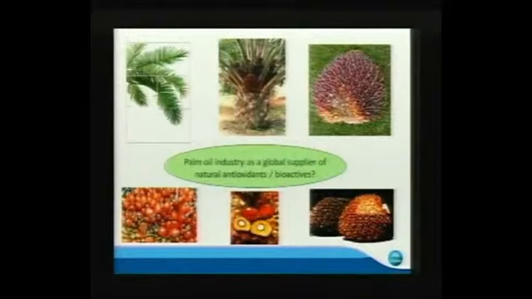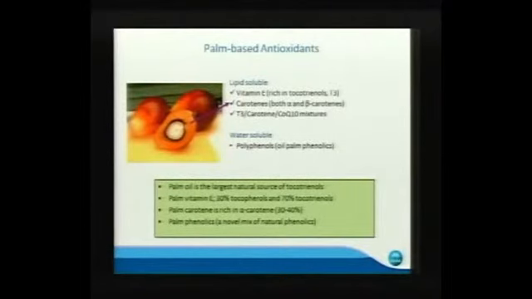So as you have heard the last 2 days, the palm oil industry is a global supplier of natural antioxidants and bioactives. The established ones in the current marketplace from palm-derived bioactives include vitamin E, carotenes, both alpha and beta, and tocotrienols, well covered yesterday and this morning. And in addition, as Ravi mentioned, recently MPOB researchers identified this water-soluble polyphenol compound, and then the question is how to establish its functional properties, with different scientific substantiation.